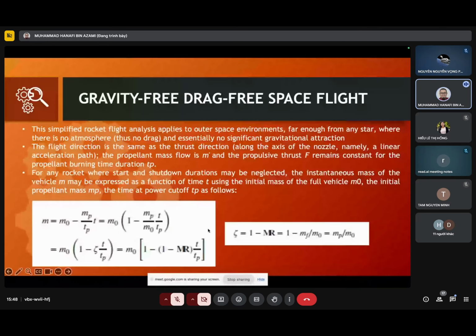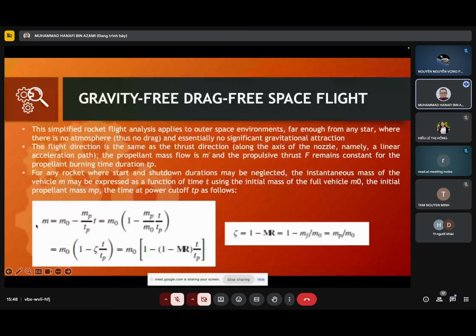So this is the definition. If you want to memorize, go ahead, but I want you to have a better understanding rather than memorizing without knowing the terminology, the definition of each variable. So you have mass ratio and you have zeta. This is the definition.